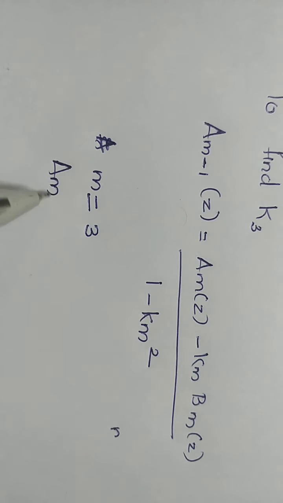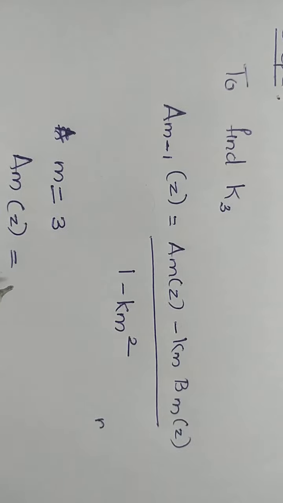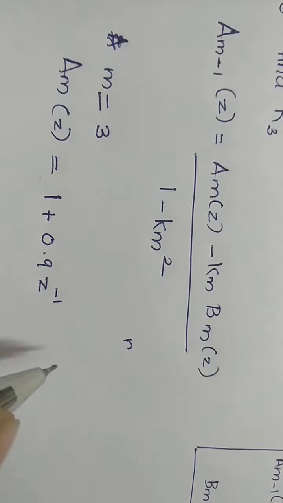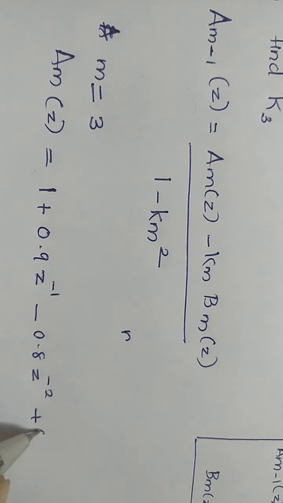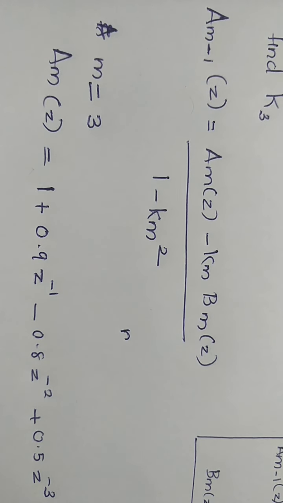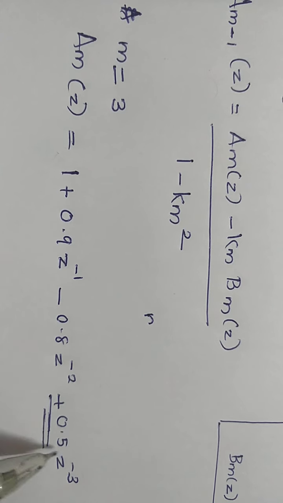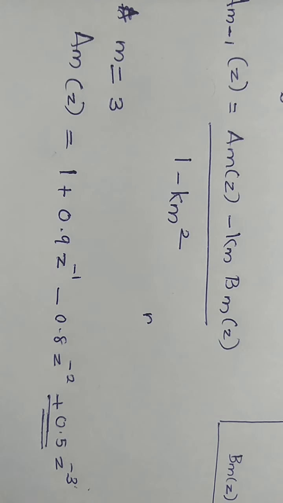So Am of z is equal to the denominator term of the transfer function, that is 1 plus 0.9 z inverse minus 0.8 z raised to minus 2 plus 0.5 z raised to minus 3. How will you find out the K3 term? This value is the K3 term, that is 0.5. What is the coefficient of z raised to minus 3? That is the value of K3.